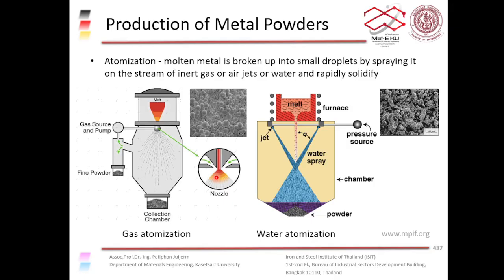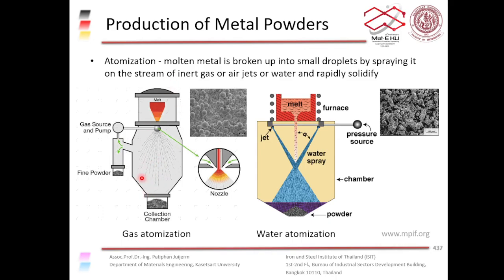Because you have small volume and high surface area, it cools down really quickly, so it will solidify straight away. Then you would get powder, right? So you collect powder at the bottom of the gas atomization process, yeah.